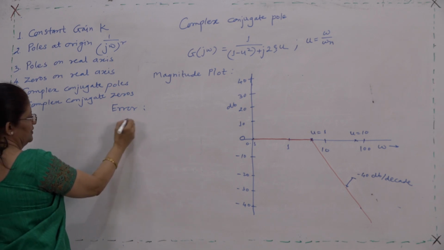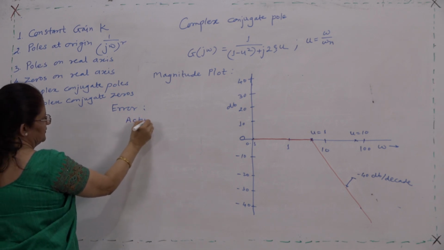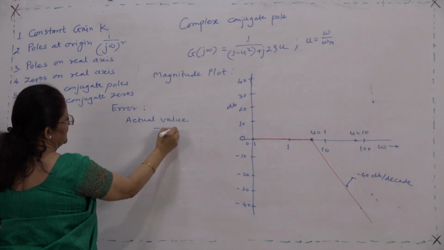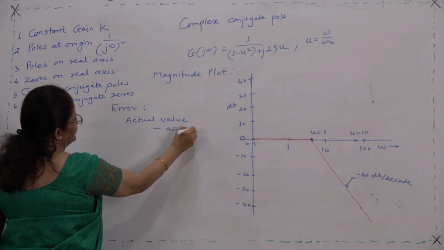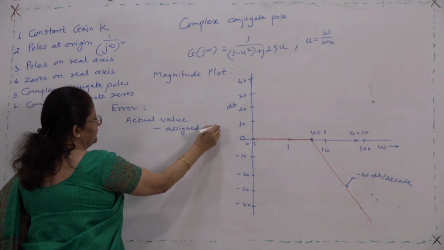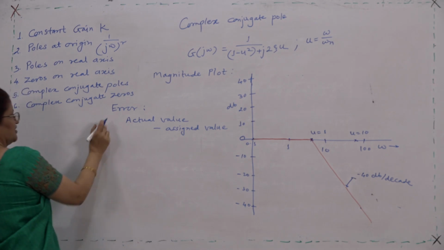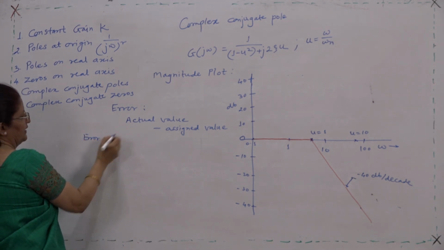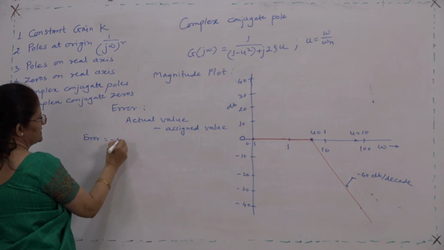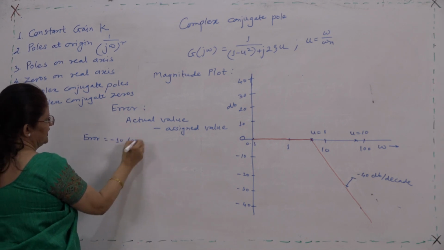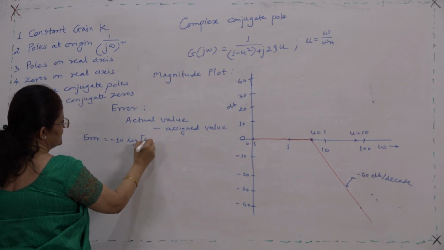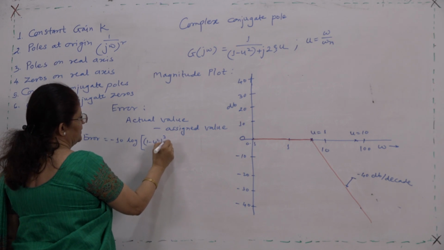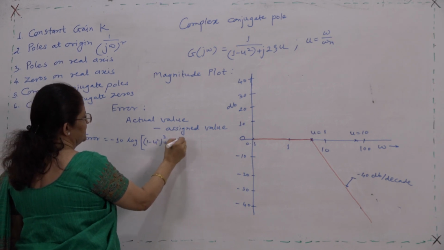Error is equal to actual value minus assigned value or approximate value. So, what is the actual value? Minus 10 log of, check what we have seen, 1 minus u square bracket square plus 4 zeta square u square.